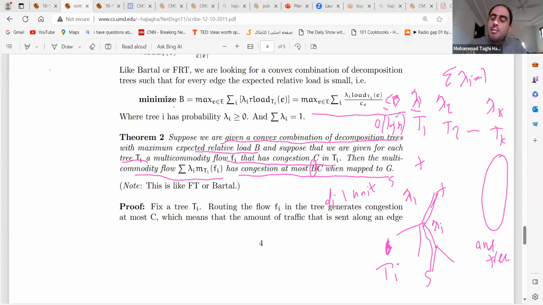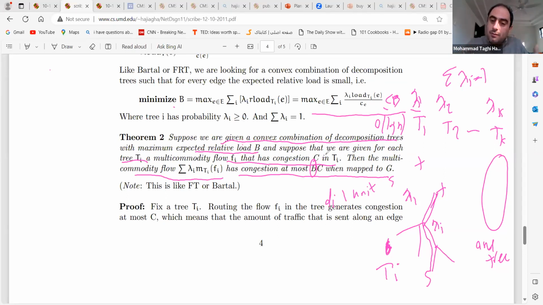Why? This essentially comes from the fact that the expected load would be at most beta, so it's essentially the definition of this. We know that the load in the trees, comparing to the load in the original graph, would be at most log n more.